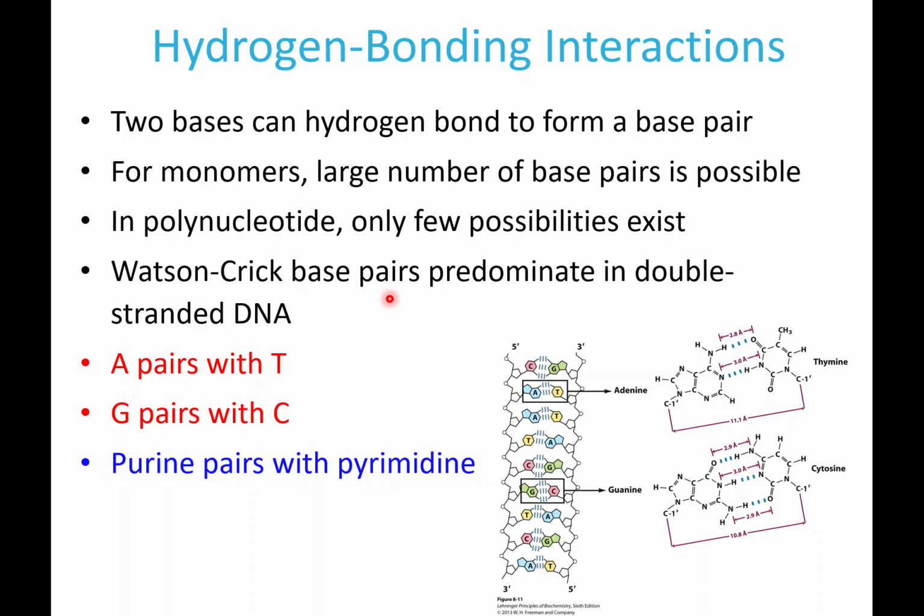And so Watson and Crick determined that in double-stranded DNA, A pairs with T and G pairs with C. They used Chargaff's rules to come up with that, and you can also think of that as purine pairs with pyrimidine. We'll look at these pictures in a little more detail next lecture.